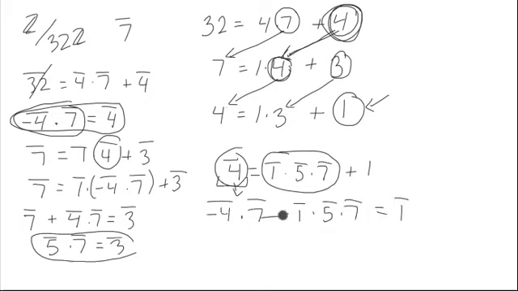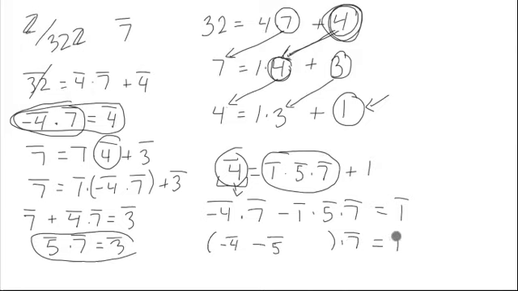And see right here, we can factor out a 7 bar. And we're going to have negative 4 bar minus 1 times 5 bar. So it's just 5, right? So it's like negative 4, negative 5. So that's negative 9 bar right there. Ooh, that's the inverse. Oops.